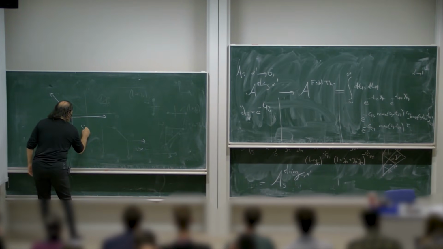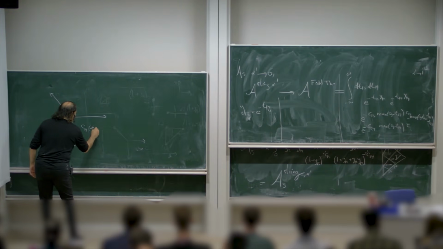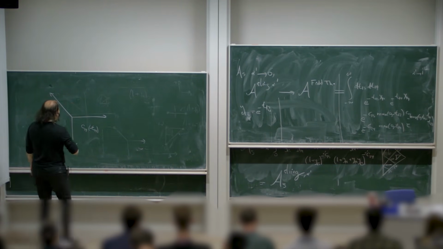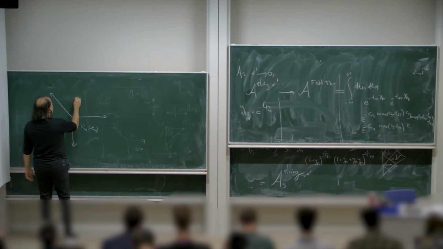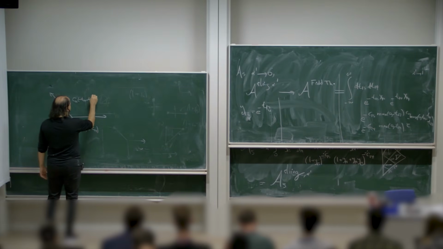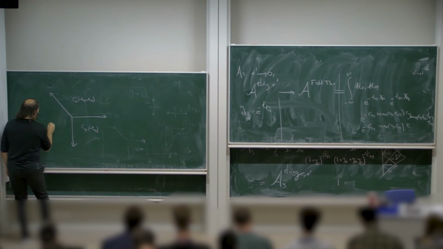It's going to look like c14 times minus t14 here, and c14 times minus t14 minus t13 here, and it's going to look like 0 here, c14 times 0.